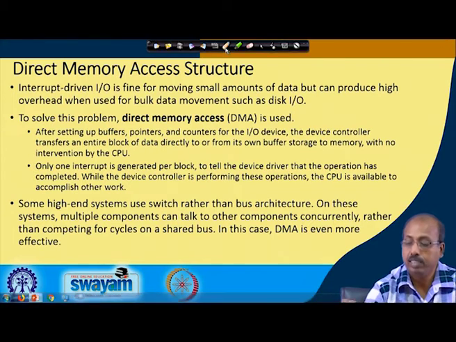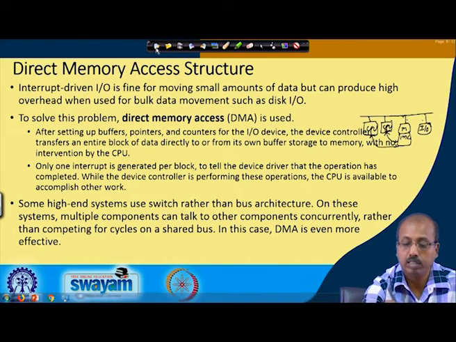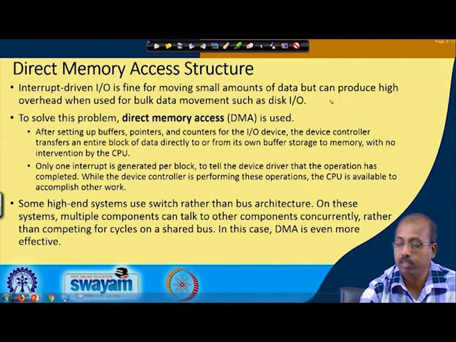So, what I mean is that we have a situation like this. We have the CPU, to which the memory chip is connected. Then we have another module which is known as the DMA controller, and through this DMA controller some device, the disk, is connected.